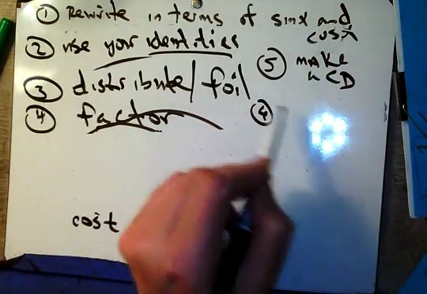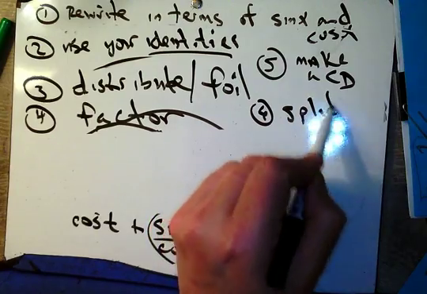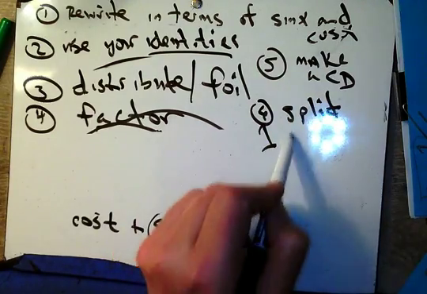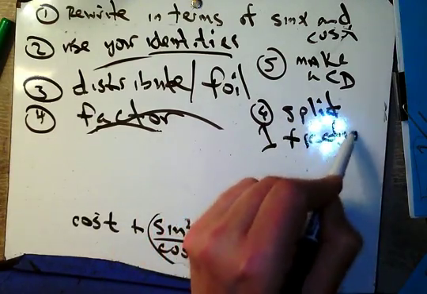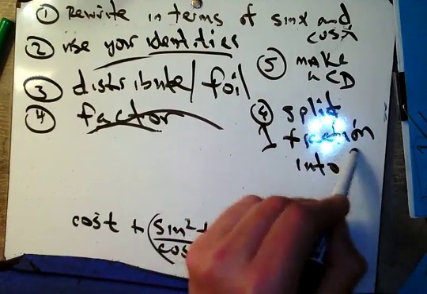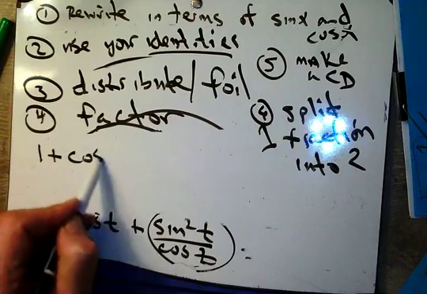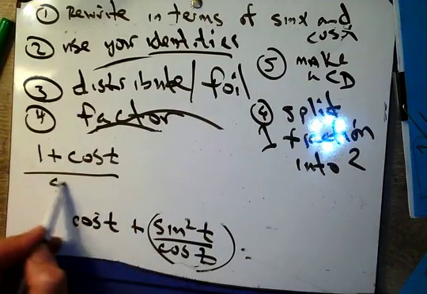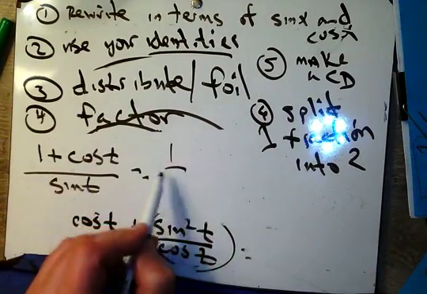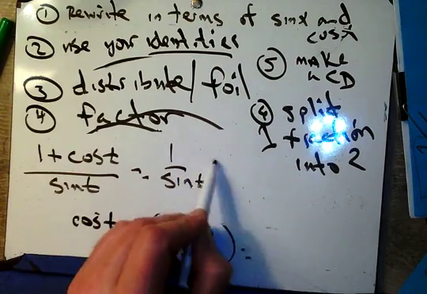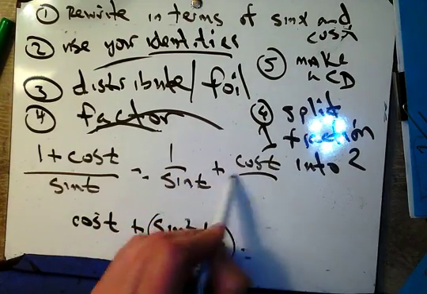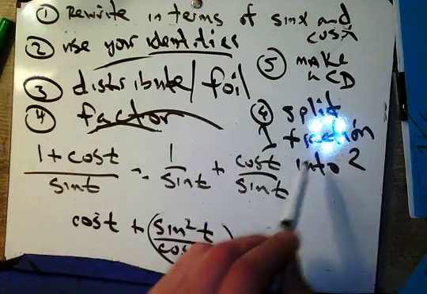Its inverse is split one fraction into two fractions. So if I had 1 plus cosine over sine, I could split that into 1 over sine plus cosine over sine. That's this strategy.